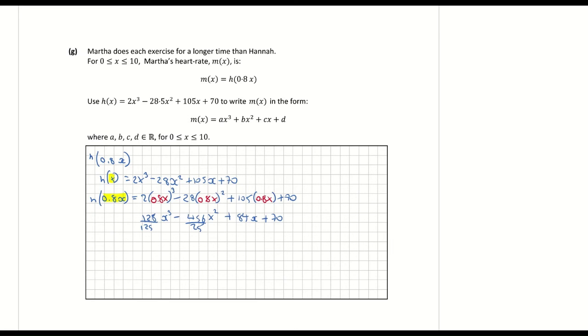And if you're working in decimals, that's the same as 1.024x cubed minus 18.24x squared plus 84x plus 70. The question said where a, b, c and d are elements of the real numbers, so decimals or fractions are fine.